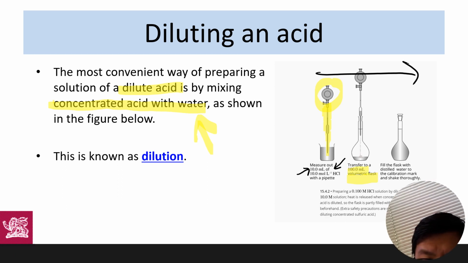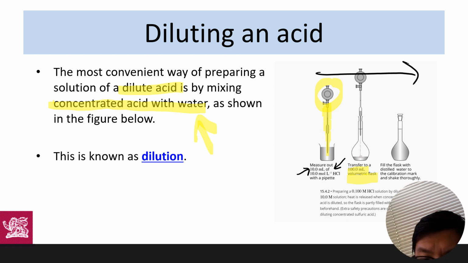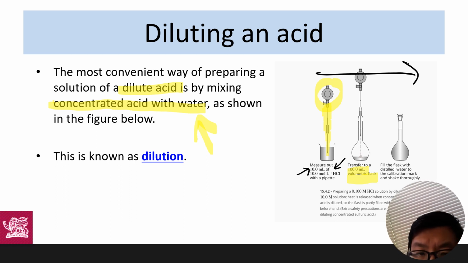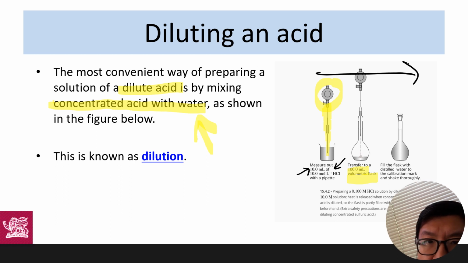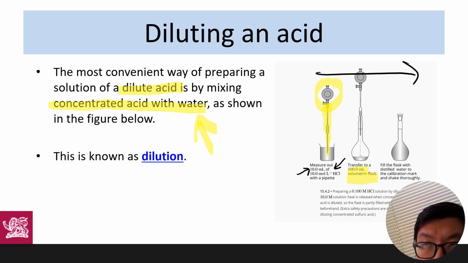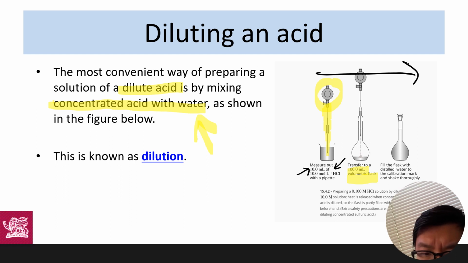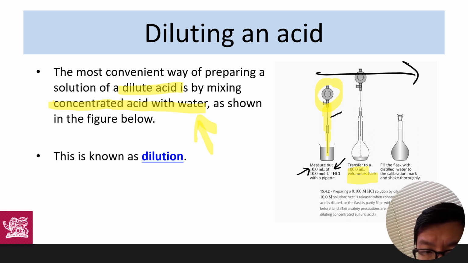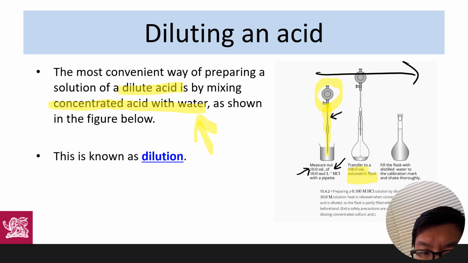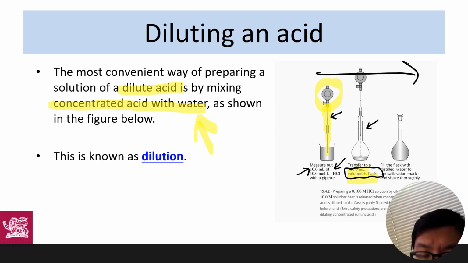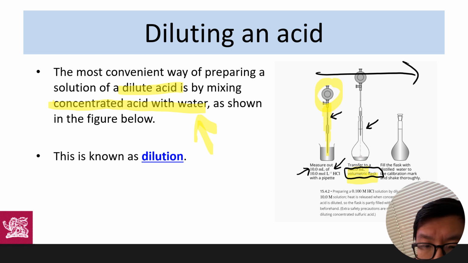If you can see, volumetric flasks are designed to do one thing, and that is to measure exactly a single volume, just like a pipette would. So that line there would be exactly 10 mils, and this line here on a 100 mil volumetric flask would measure exactly 100 mils.